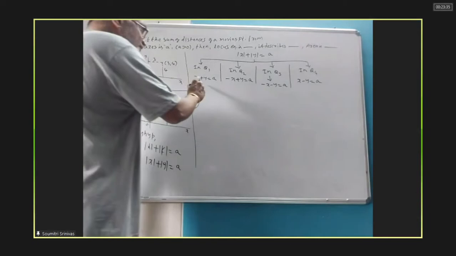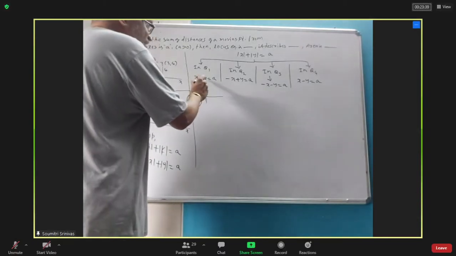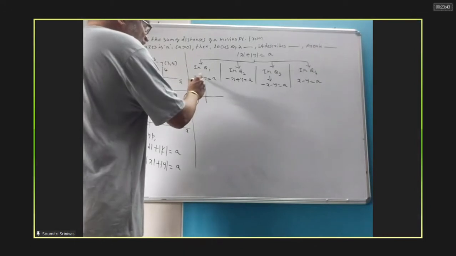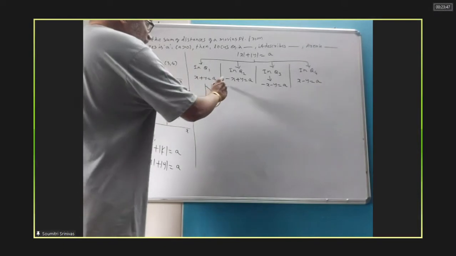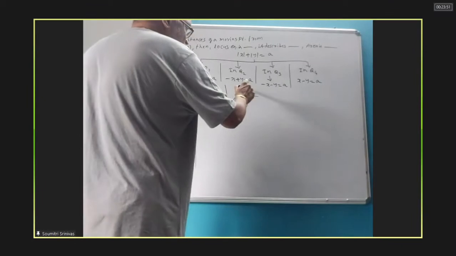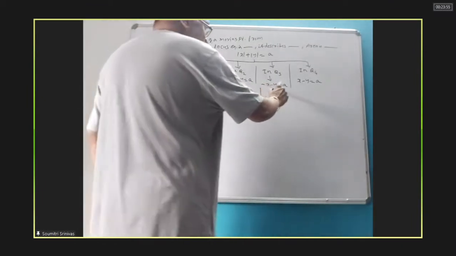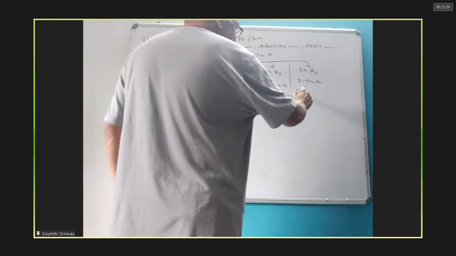Plot this. Y is equal to 0, x is a. X is equal to 0, y is a. Here. Here. And finally here.